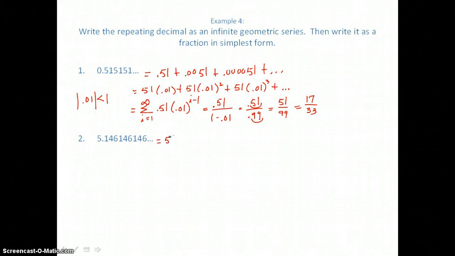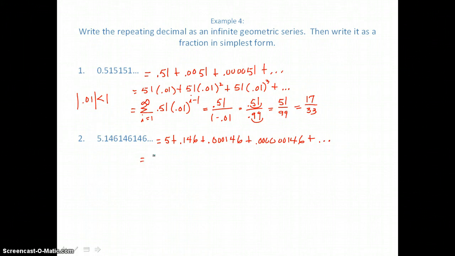Let's write it as 5 plus 0.146 plus 0.000146 plus 0.000000146, and on and on.